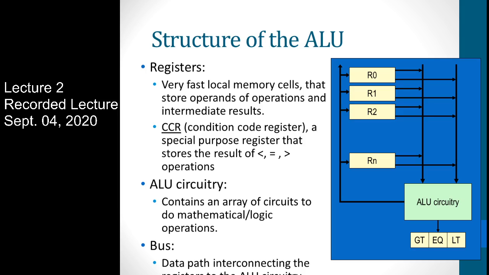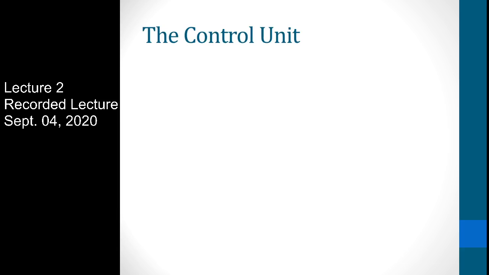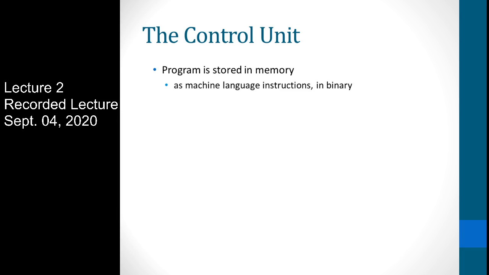So, bus, of course, pag sinabi nating bus, these are the data path or yung connection between the different units. Okay, the control unit. Program is stored in memory as a machine language instruction in binary.